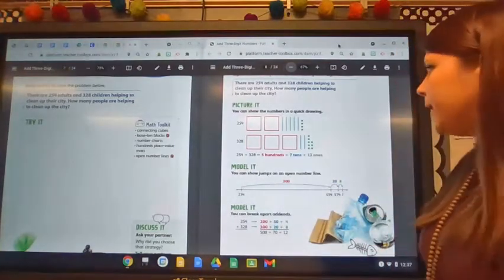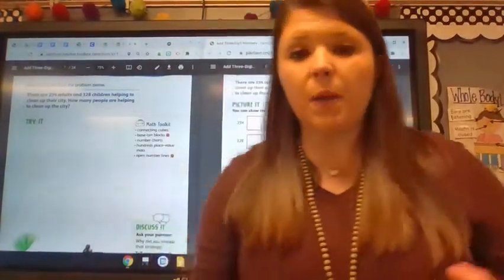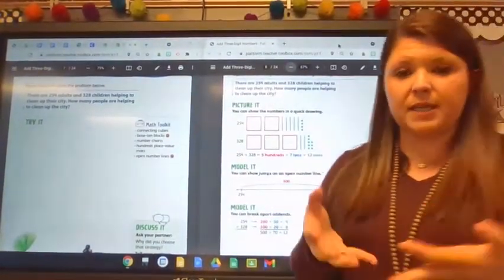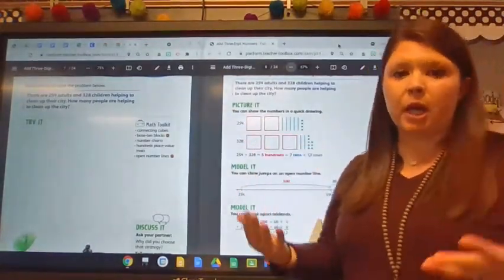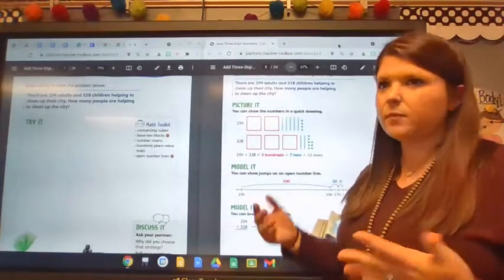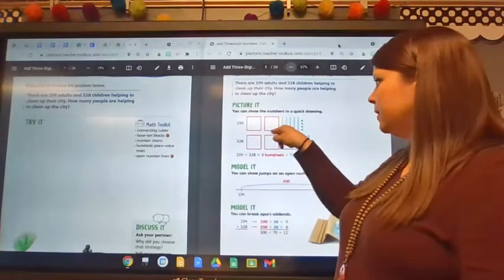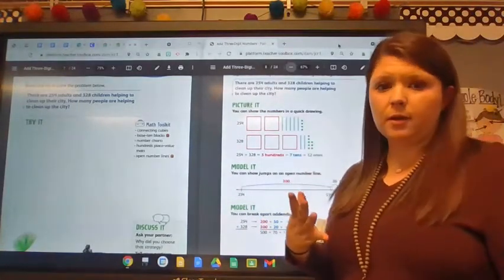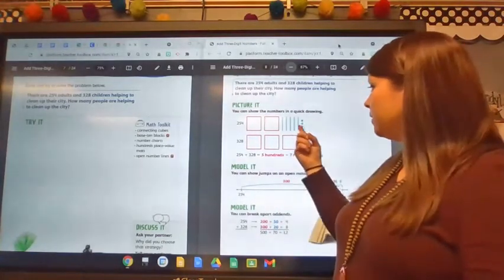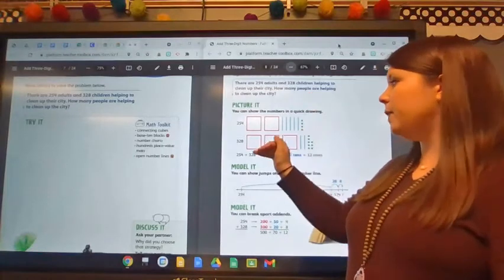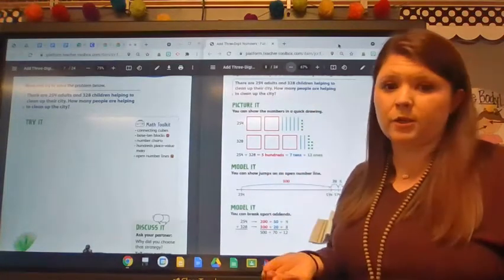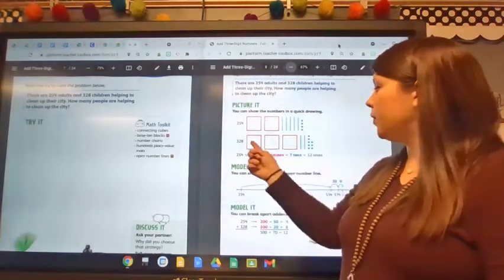All right, so now let's go ahead, and one way that you could have solved this was by drawing a picture. So you have to know the value of the digits in the numbers. So in 254, how many hundreds are there? There are 2 hundreds. How many tens are there? 5. And how many ones? 4. In 328, how many hundreds are there? 3.